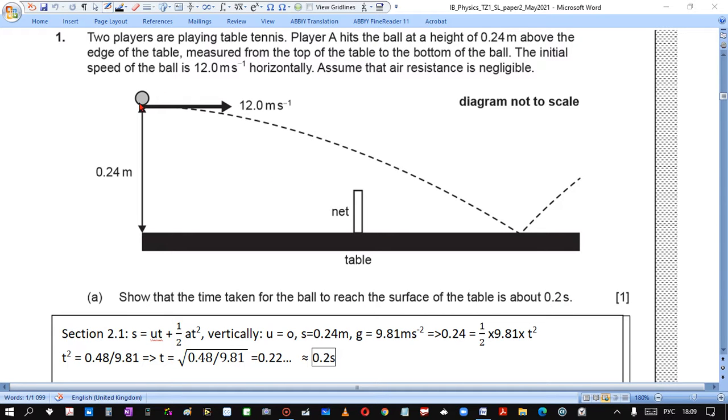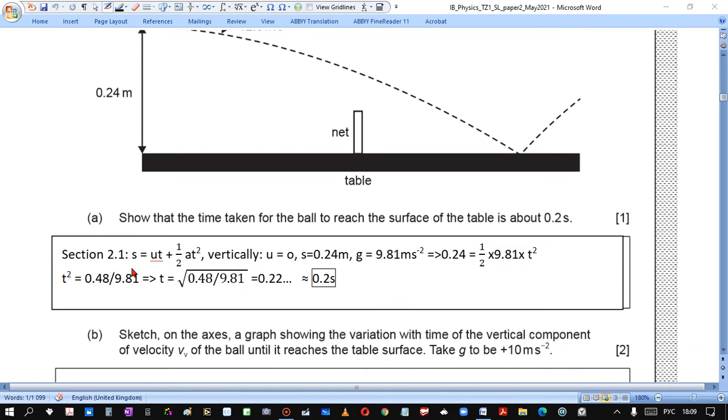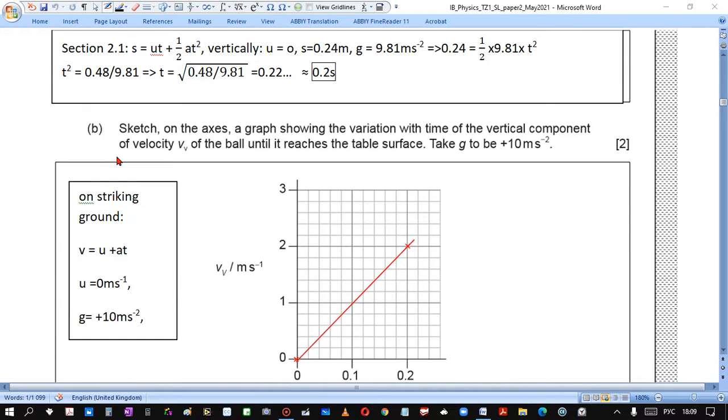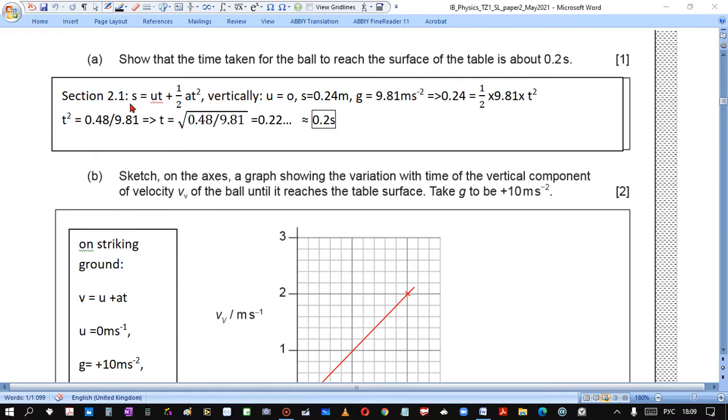So we have projectile motion. The ball participates in two motions: forward or horizontal motion at constant speed, because air resistance is negligible, and downward acceleration with g equals 9.81. I will use formulas from the booklet, section 2.1.